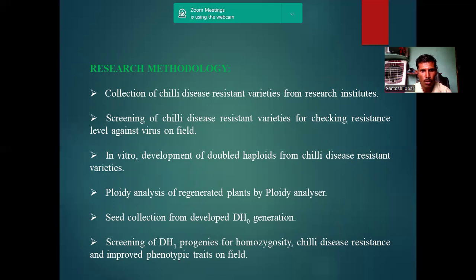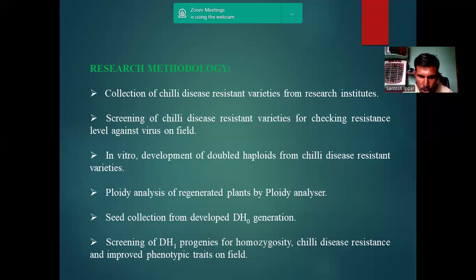Ploidy analysis of regenerated plants by ploidy analyzer, an instrument with which we can analyze whether the plant has a single set of chromosomes or a double set of chromosomes. Then seed collection from the developed DH0 generation, meaning the first generation, the plants developed in vitro will be the DH0 generation, and from these plants we have to collect the seeds.